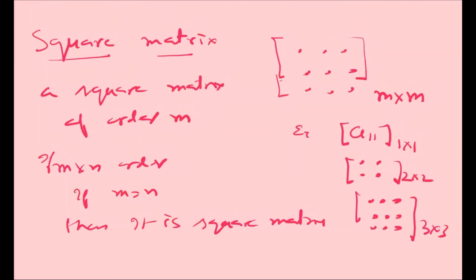Now we can see, if here is a square matrix, then it has a diagonal 1, 2, 3. If you join this, this is the diagonal.